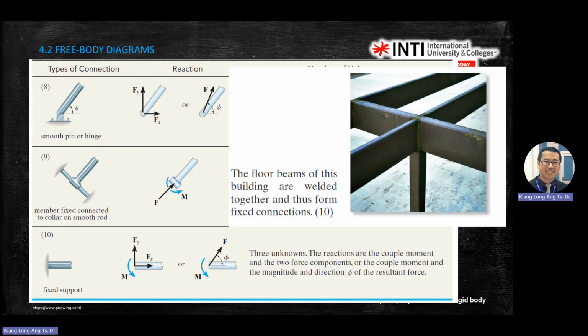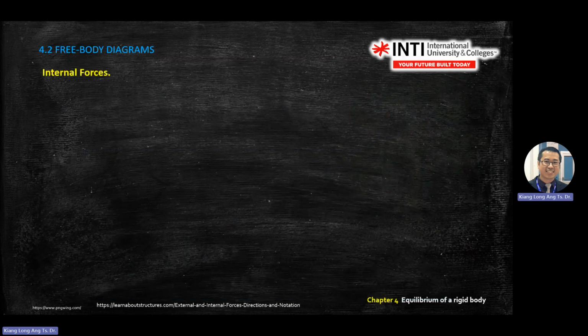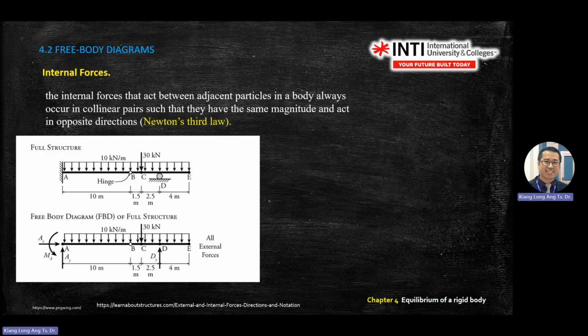Right, some beam there. Internal force has its own chapter. We'll go into that specific chapter after your test one. But in this case, we'll just focus on here. This is a roller.